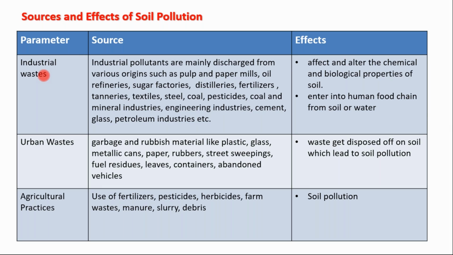So industrial waste is one of the parameters for soil pollution. Industrial pollutants are mainly discharged from various origins such as pulp and paper mills, which is one of the major sources. Then oil refineries, sugar factories, distilleries, where the distillation process is used to separate different components from liquid mixtures, generally producing alcohol or alcohol derivatives.